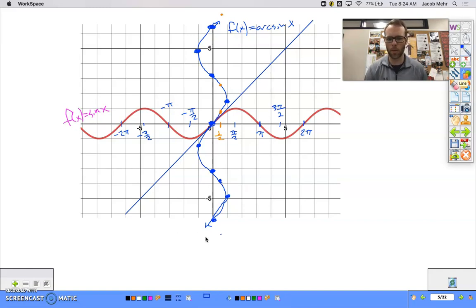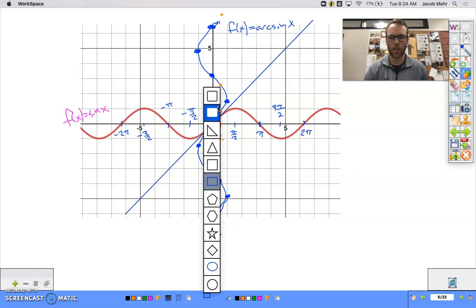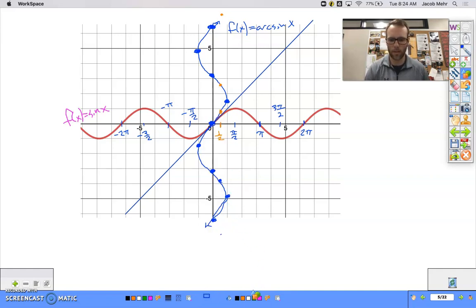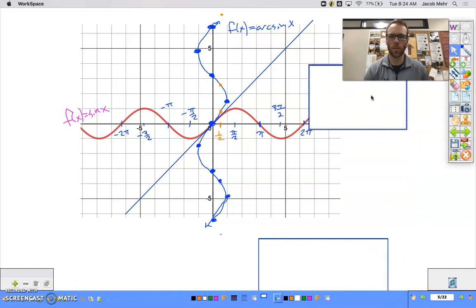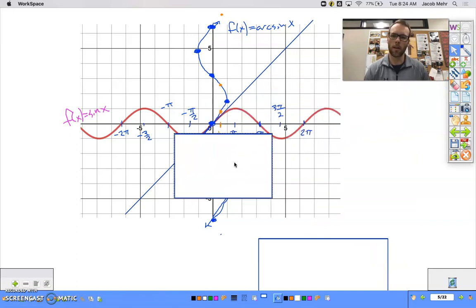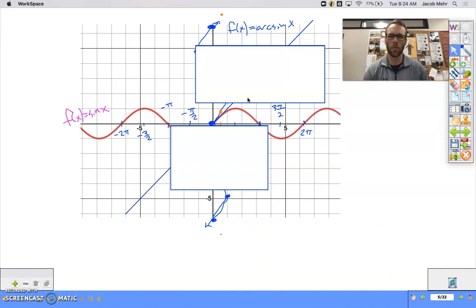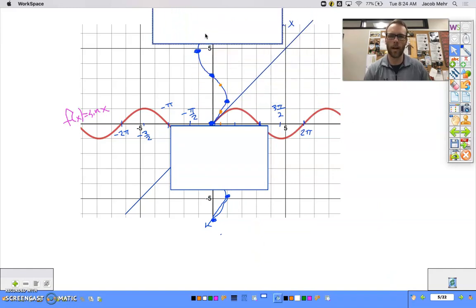You know what? I wonder if putting up some rectangles would be helpful. Let's do that. And let's shade it in here, maybe white. All right. Let's make a couple rectangles here. Let's see here. If I cut it off at 0, and I cut it off up there at 3 pi over 2, that's still not a function.